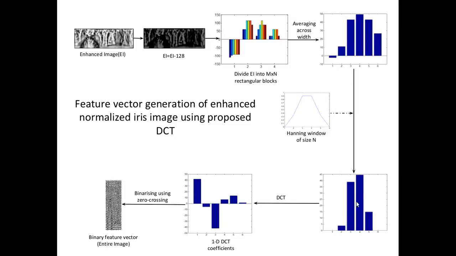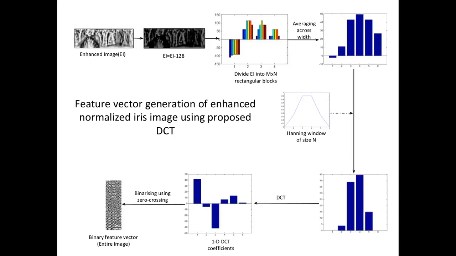Over this one-dimensional feature vector we applied the discrete cosine transformation, and we get one-dimensional DCT coefficients, represented like this. Some DCT coefficients may be positive, some negative, and we then apply the zero crossing, which gives for every block a 0-1 feature vector. In this way the whole image is tessellated, and for each block we find this feature vector and concatenate them.